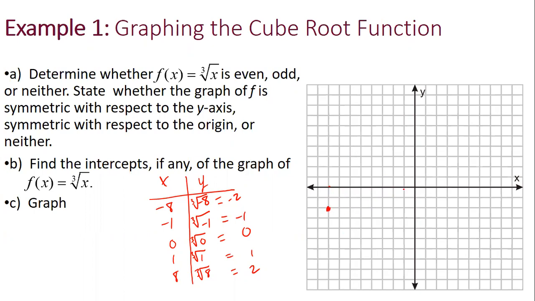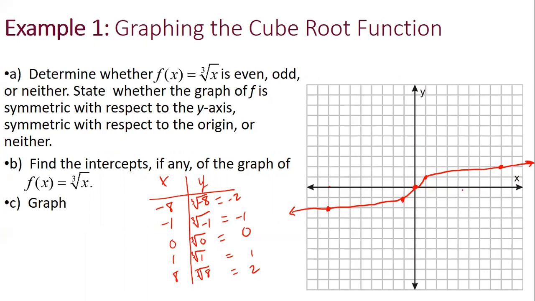And then -1 goes to -1, 0 goes to 0, 1 goes to 1, and then positive 8, and then up to 2. In my defense, I just got through talking about the square root function. And there is your cube root function.